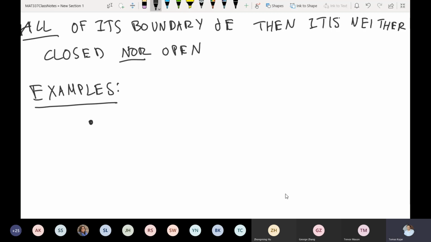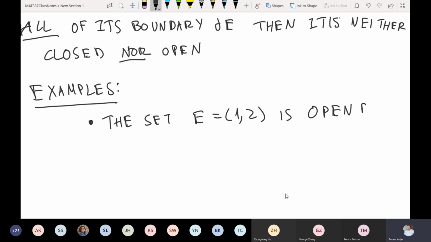Okay, so the set open (1, 2) is open because its boundary is {1, 2}, and it has empty intersection with the set.